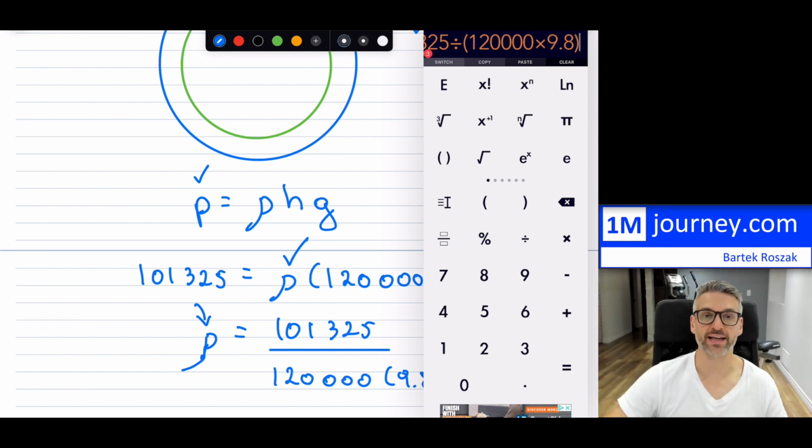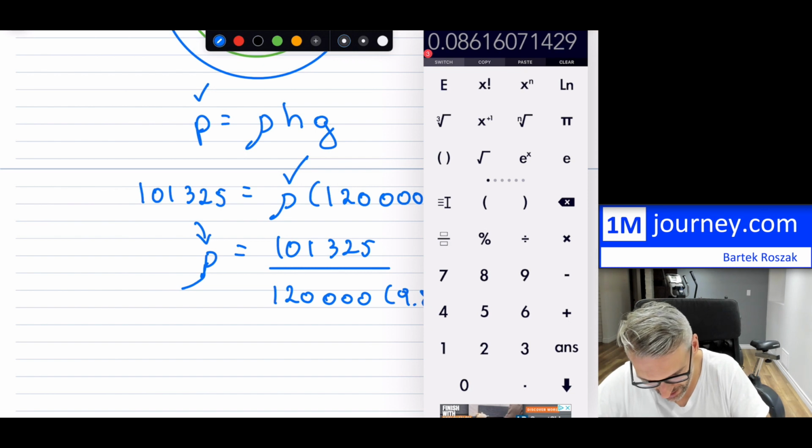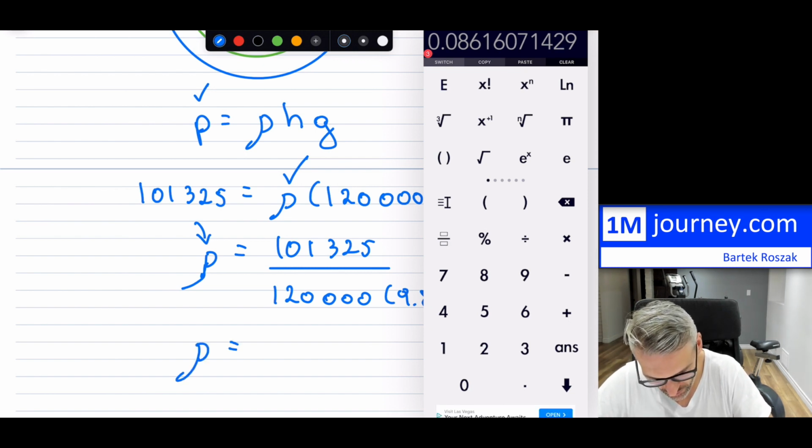Notice I put it in brackets. So if I do that, it's very, very small. So the density is equal to 0.086. I'll just put it into two significant figures. And this would be in kilograms per meter cubed.